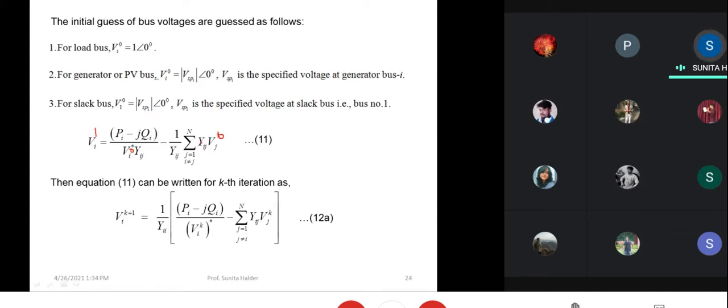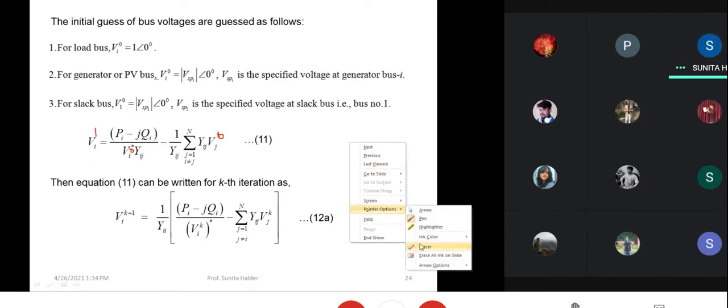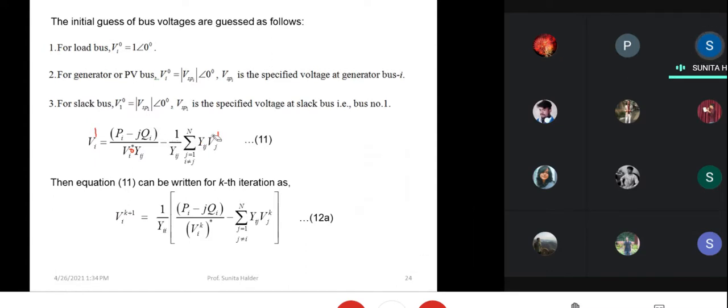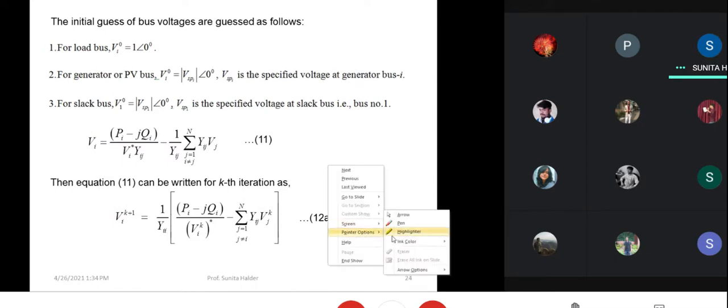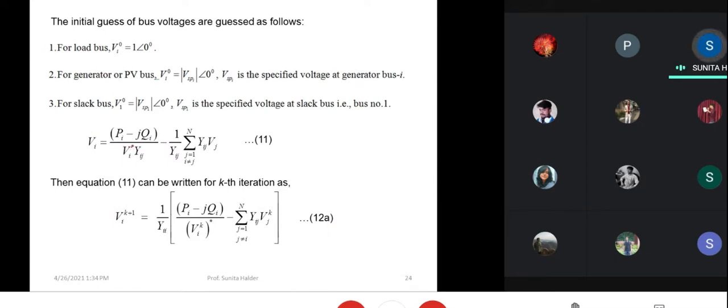If we know the initial voltages, then obviously for kth iteration, the kth bus voltages are known, here k, and this will be k plus 1 that I have directly written in equation 12a. I hope you have understood equation 12a.